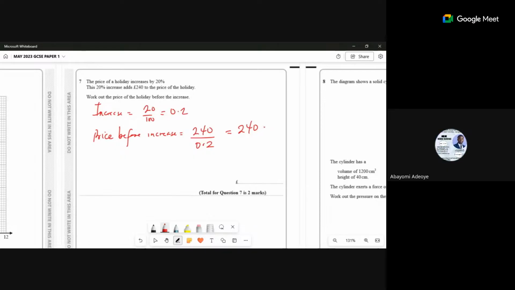So that will be 240 divided by 1/5. So that's 240 times 5. What's that? A minute, I'll do it. Remember, this is non-calculator. Yeah, I know. I'm doing it on paper.